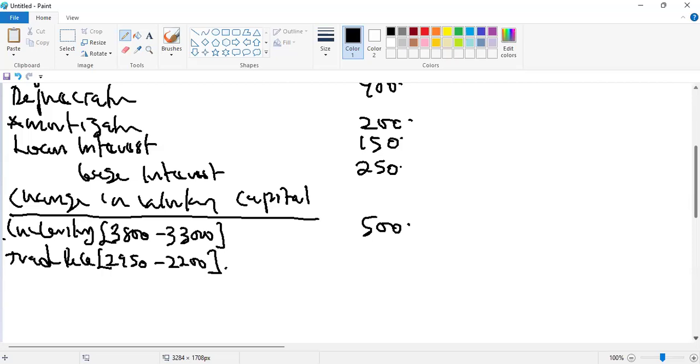Cash outflow. 750 outflow. Increase in current assets. Trade receivables have increased by 750 compared to last year.